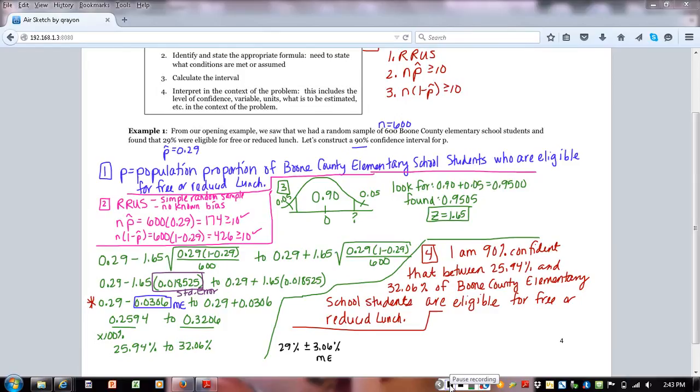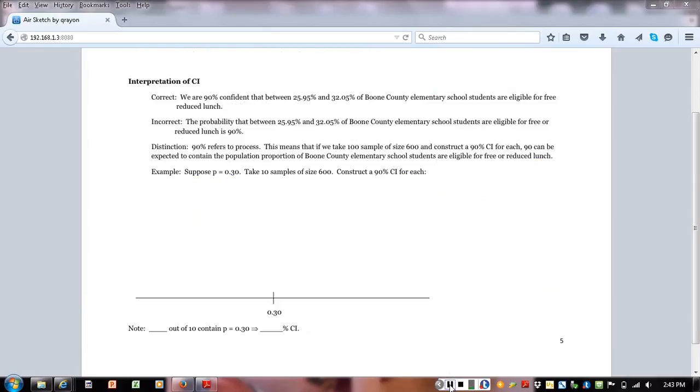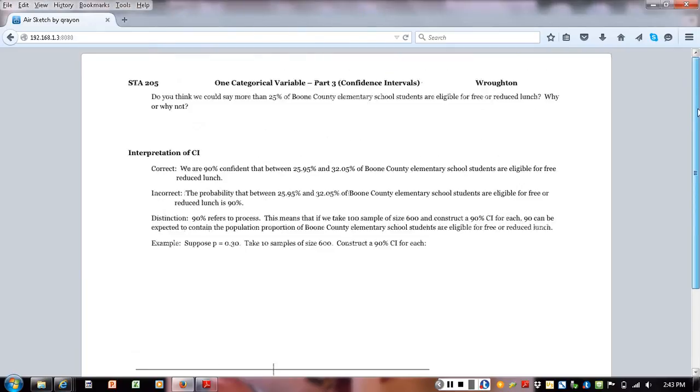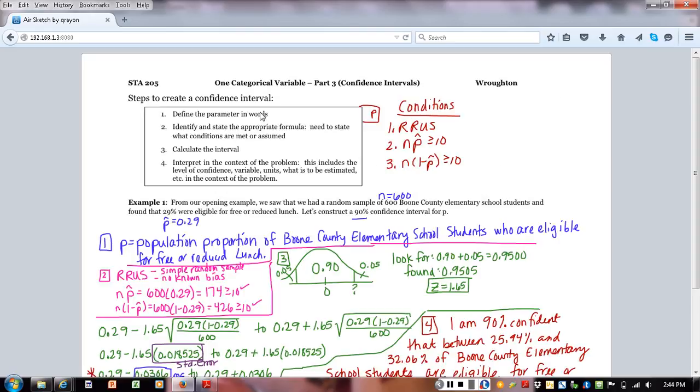Alright, now using this interval, let's answer a question. Do you think that we could say more than 25% of Boone County elementary school students are eligible for free or reduced lunch? Do you think that would be a reasonable statement for us to make? Why or why not? Well, going back to our interval here, what did we find?